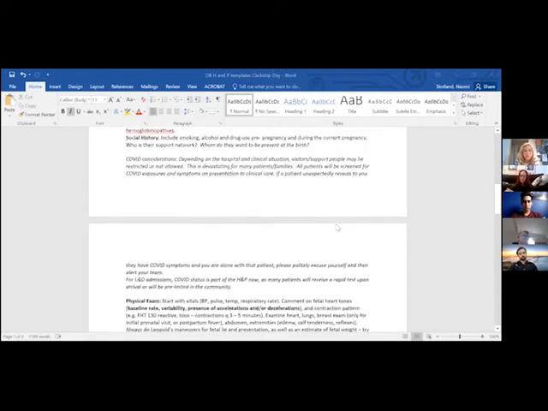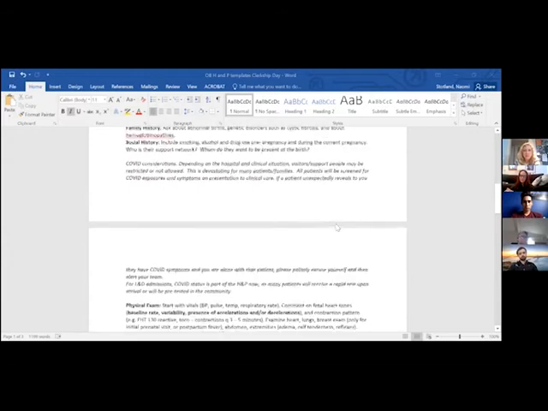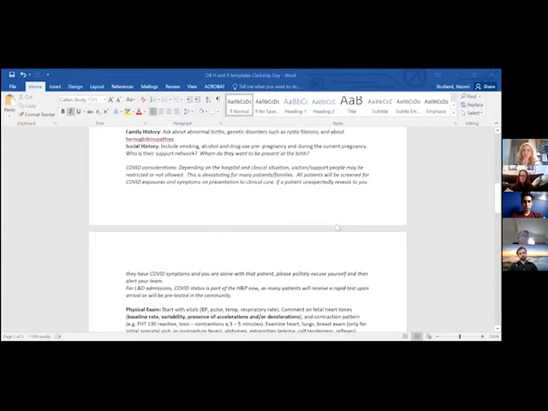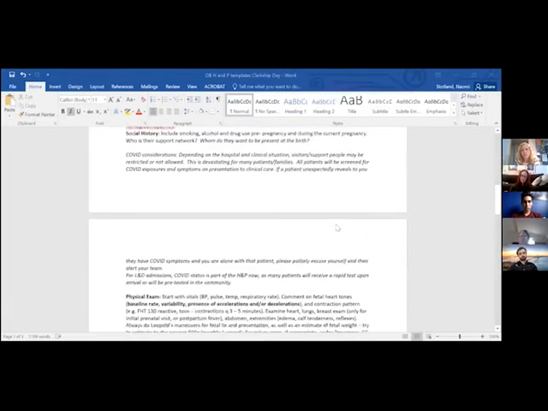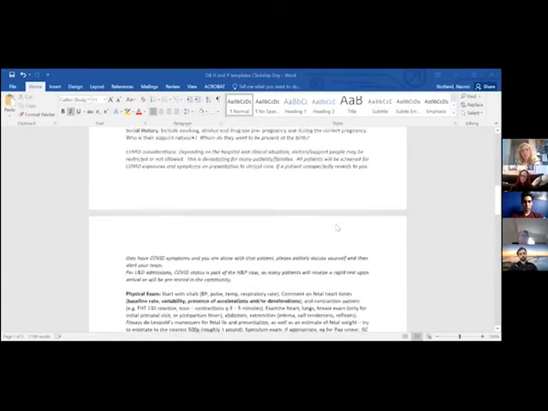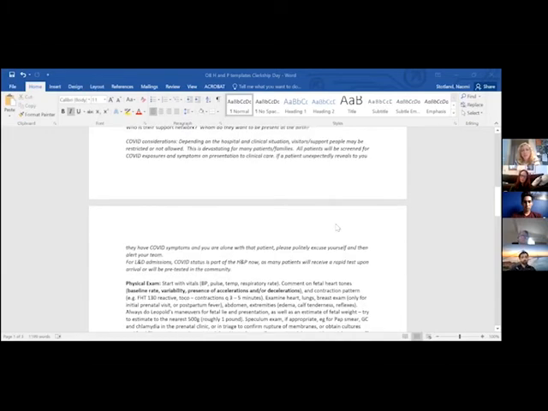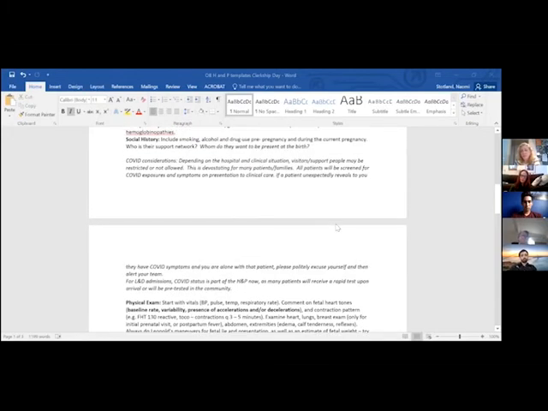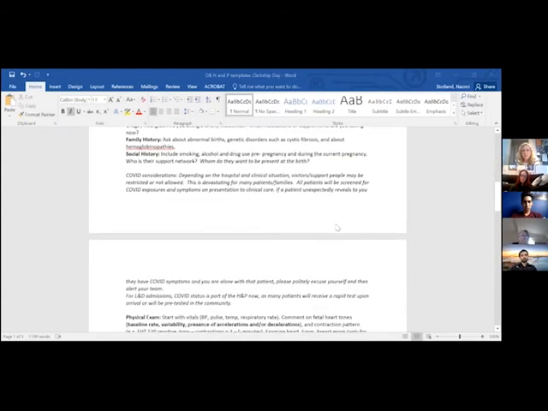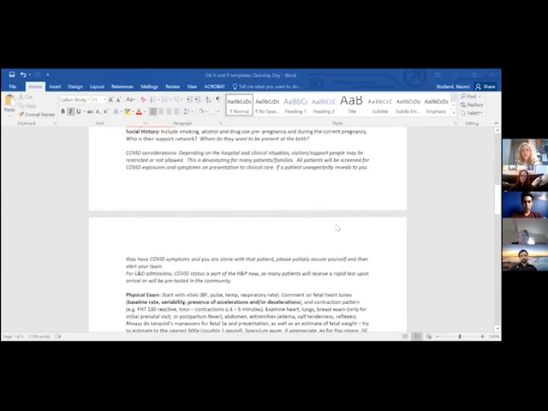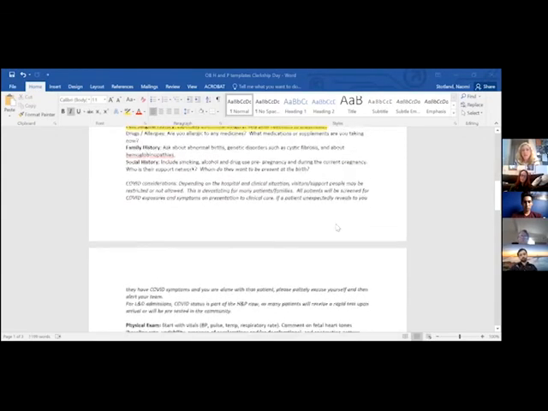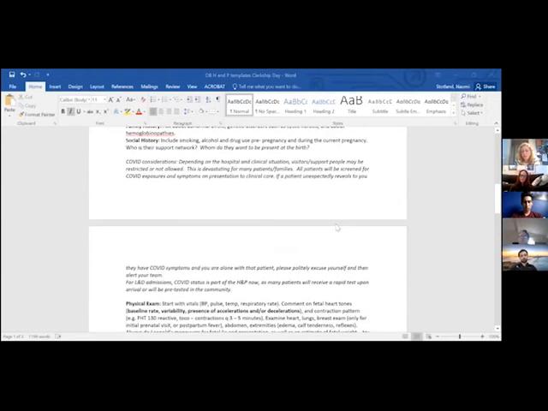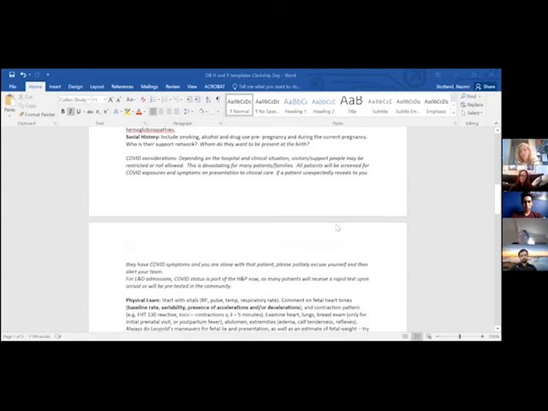So in terms of social history, one of the things I added here was who's their support network? Who do they want to be present at the birth? Here's where I got into some of the COVID considerations, because it's really been pretty devastating for birthing people and families, on top of everything else, that COVID has restricted visitors at hospitals.